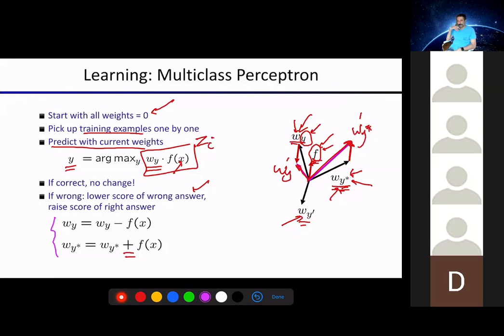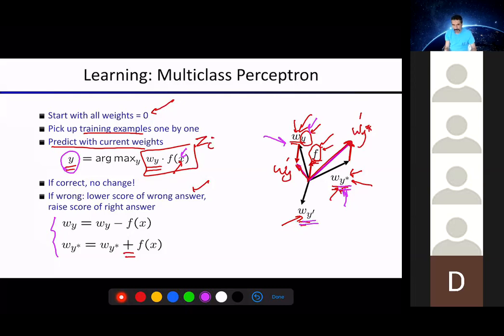Yes, exactly. So again, to clarify, this Y star is the correct label for this X, and X was this example in this iteration. The Y was the label predicted by the classifier, and in this example it was not equal to Y star, so it was the other class.